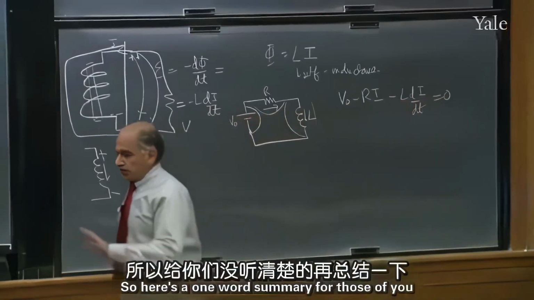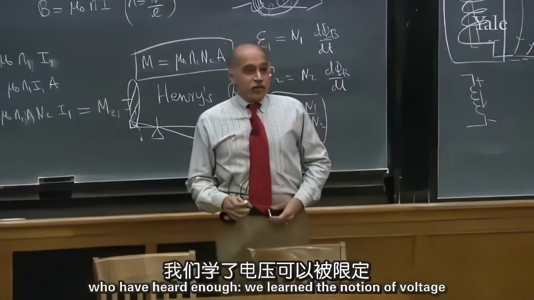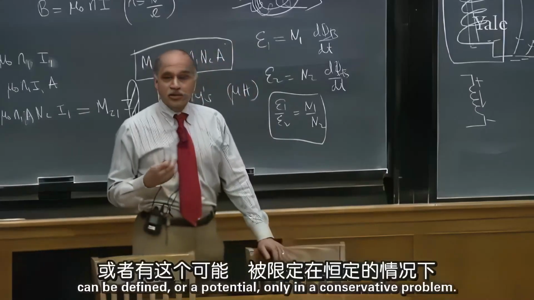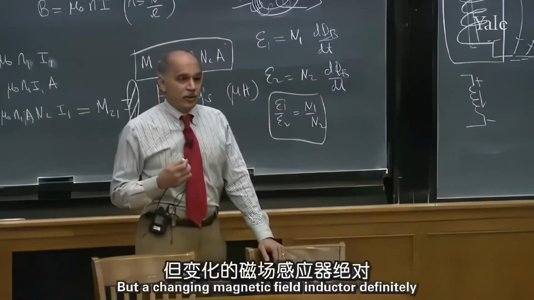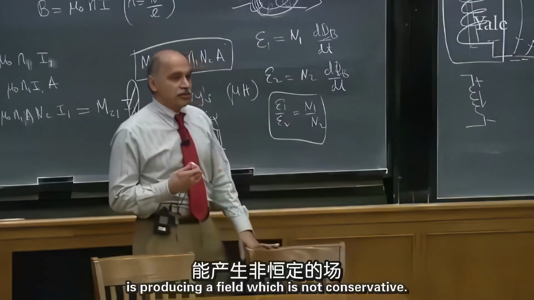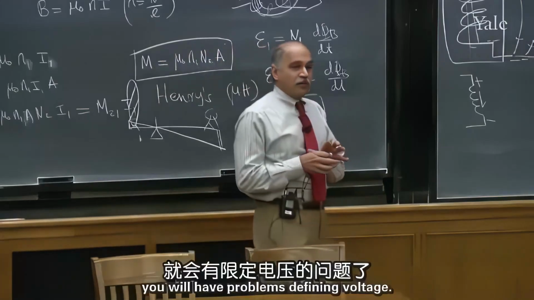So here's a one-word summary for those of you who have heard enough. We learned the notion of voltage, or a potential, can be defined only in a conservative problem. But a changing magnetic field inductor definitely is producing a field which is not conservative. So if you go deep into the coil, you will have problems defining voltage.